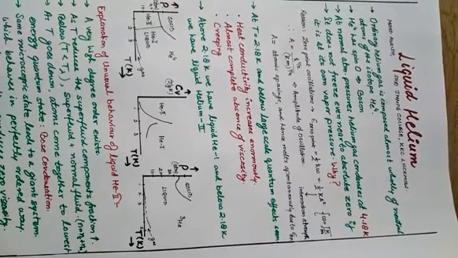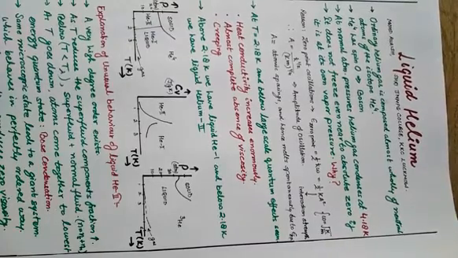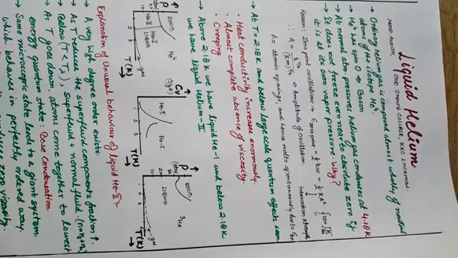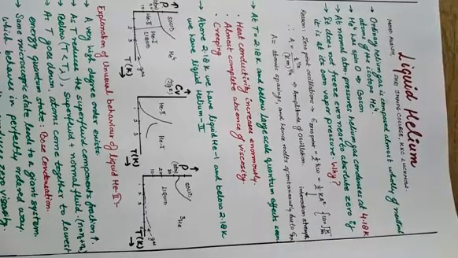According to Tisza, below 2.18 Kelvin the system is made up of two kinds of fluid: the superfluid helium and the normal fluid. As the system's temperature reduces down and down, more and more of the fraction becomes superfluid.